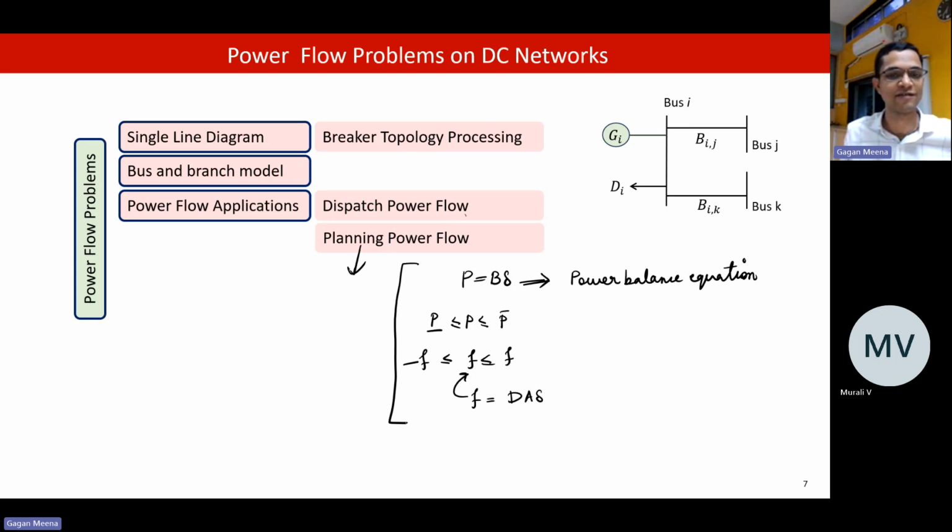So these are the power flow equations, and we use them in the optimization problem.